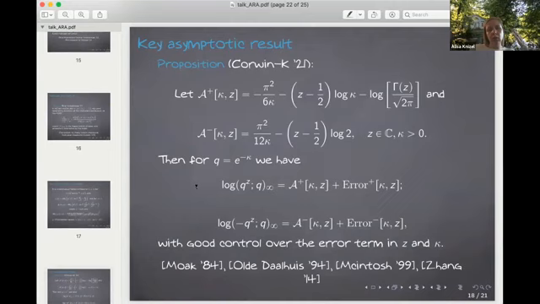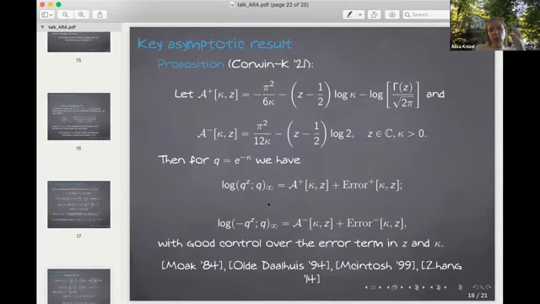So we do the following analysis. Let q be e to the minus kappa, where kappa is a small parameter, and we look at the logarithm of the q-Pochhammer symbol.